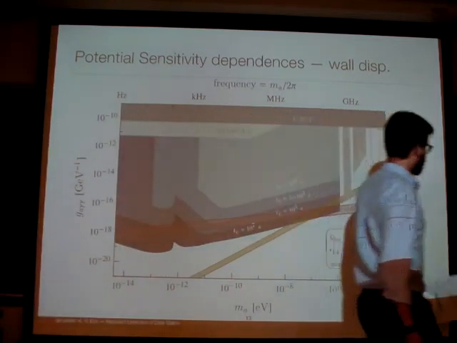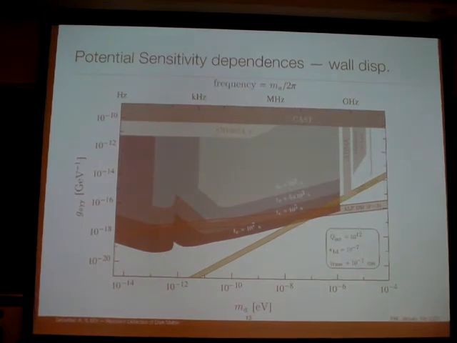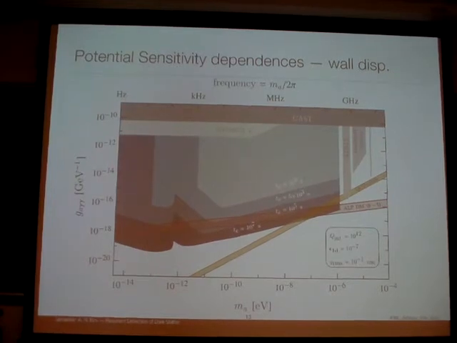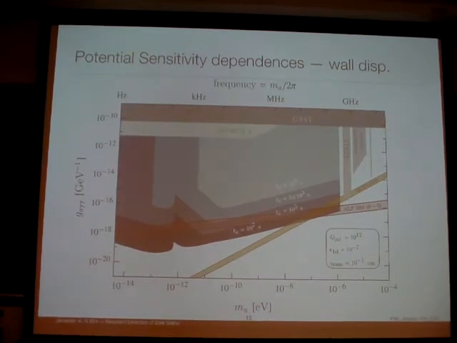So in general, the way we compute the SNR is by saying that the SNR squared is the integration time times the integral from 0 to infinity over the frequency of the power spectral density of signal as a function of frequency over the power spectral density of noise as a function of frequency, squared. This is what you use to extract the signal to noise ratio everywhere along here.